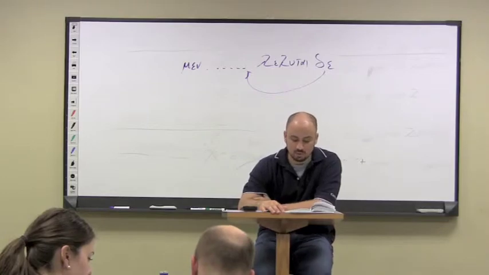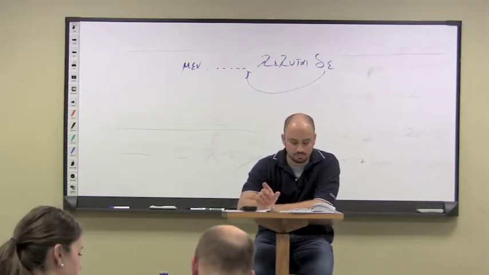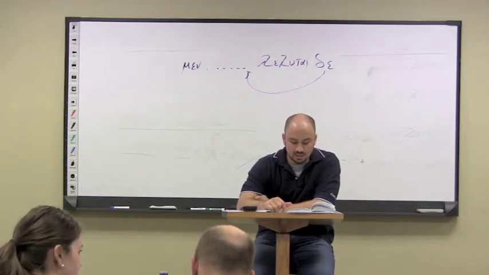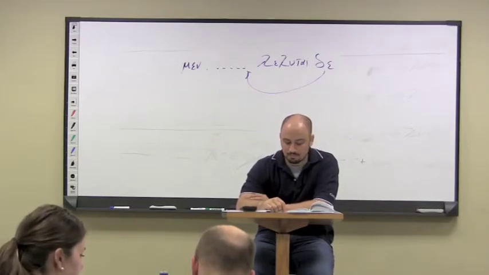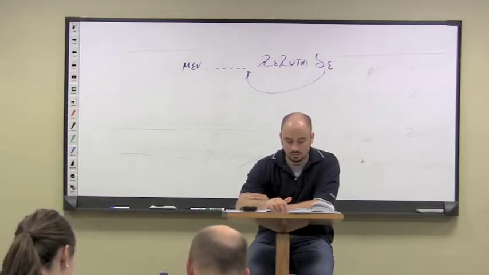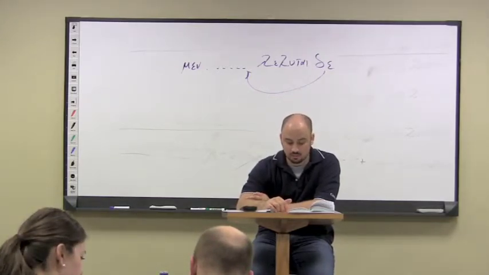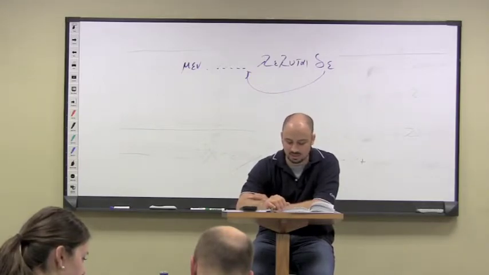It's still built off of your gamma, nu, omega root. Gegrammai is from graphō, I have been written. Lelumai from luō, I have been loosed. Sesōsmai from sōzō, I have been saved.